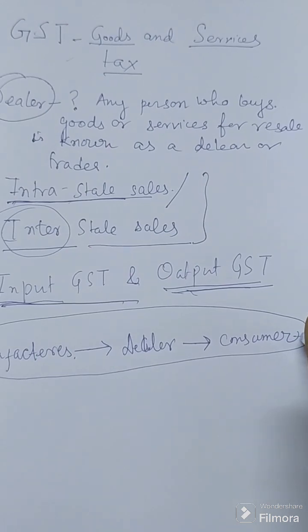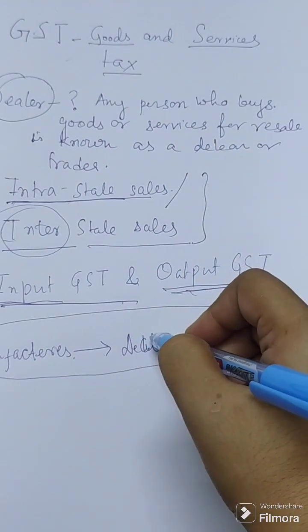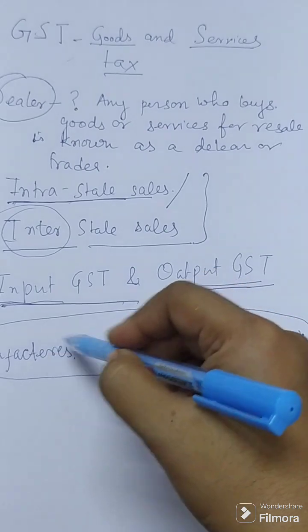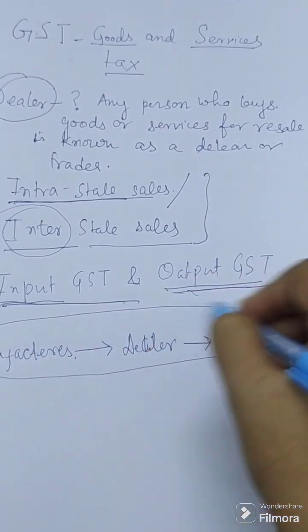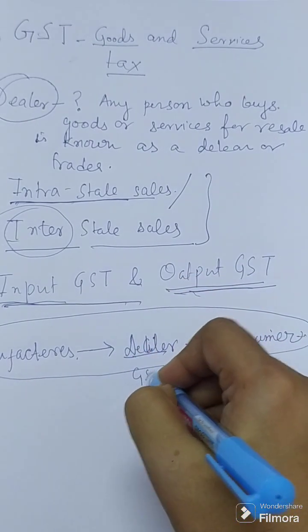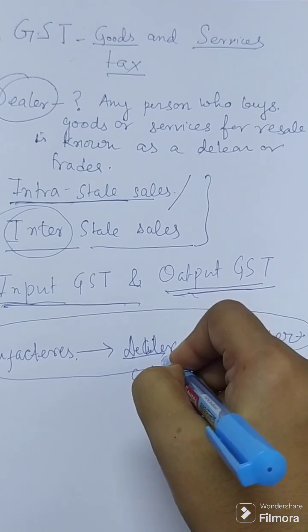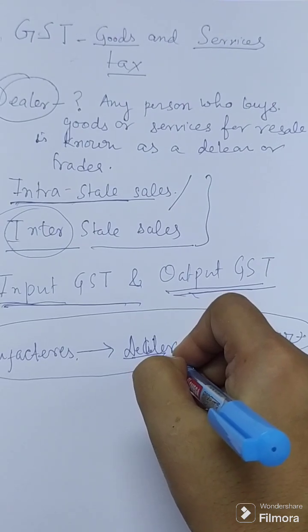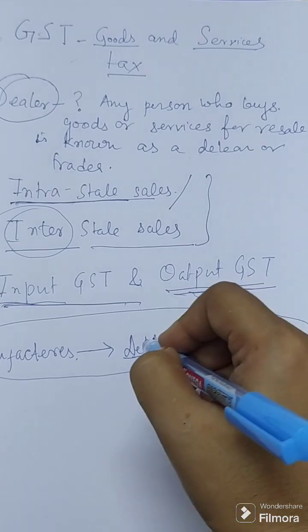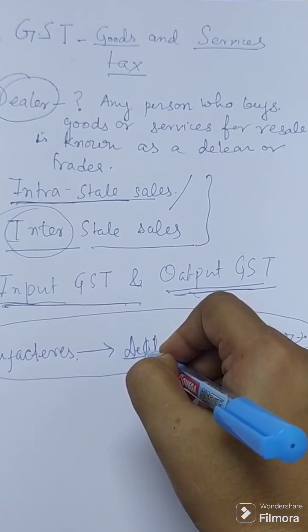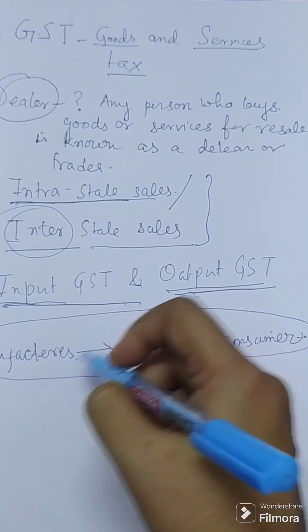So when GST is paid by the dealer on purchase of goods and services, and it is collected from the consumers on sales of goods and services, then it is known as input GST.